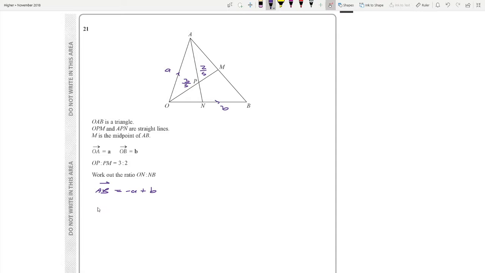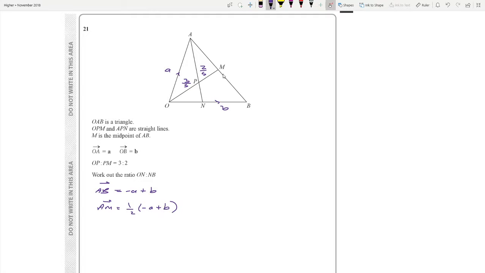So AM is going to be half of AB, and we know that AB is minus A plus B, so it's going to be half of minus A add B. So far so good.